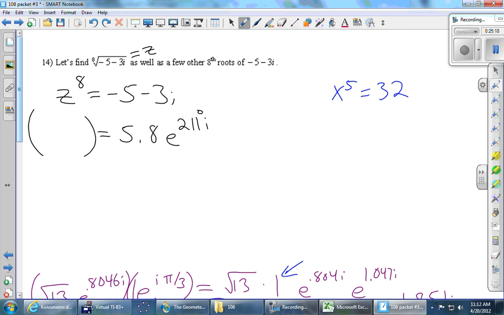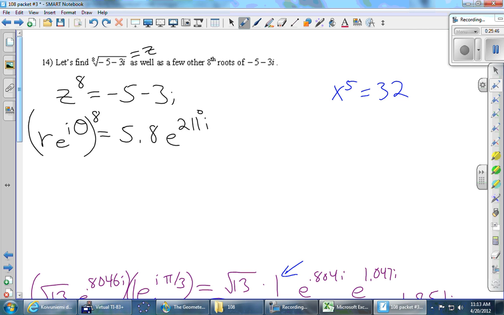And you know what? Then it feels like this z over here should also be in r's and thetas. Now I don't know what it is. I don't know the answer. The answer is whatever z is, but I'm just going to put a generic r e to the i theta, for r to be determined and for theta to be determined. And then on the left-hand side, we have familiar powers of exponents.